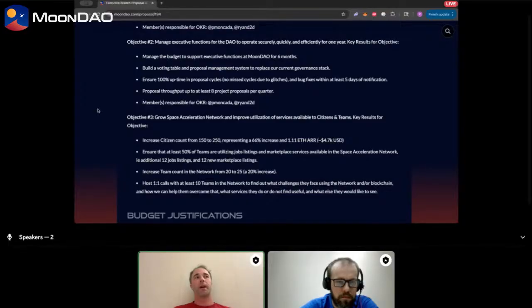We, in the past, have been using Snapshot and Nance, and both of them have worked well. But we would like to have an independent capability there, and I think we'll be able to achieve that in the next cycle. That also means we have more ability to play with how our governance works and have more consistency and uptime in the proposal cycle.